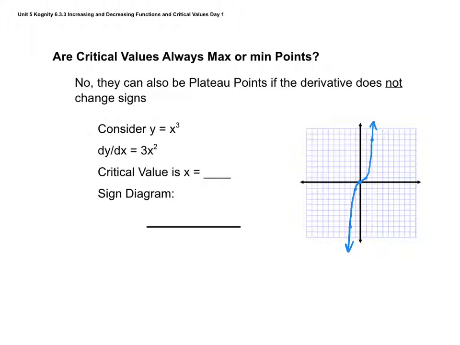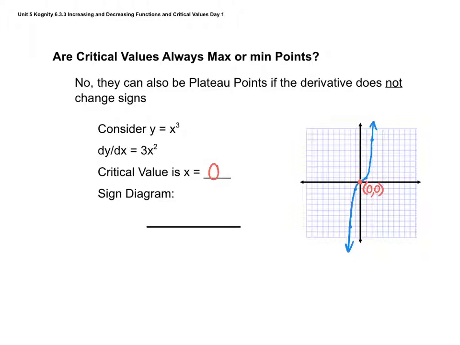Okay? Now, if we go through the process that we just looked at, we find the derivative, 3x squared. We set it equal to 0. What would make that equal 0? X equals 0, yeah. So right here, the point 0, 0 is the point where the derivative equals 0.